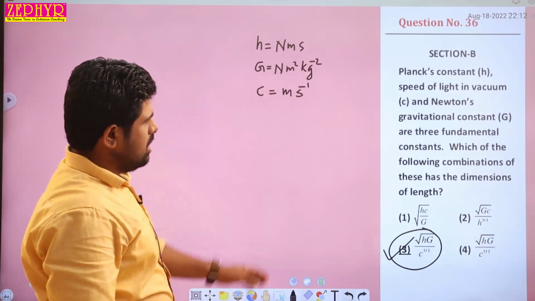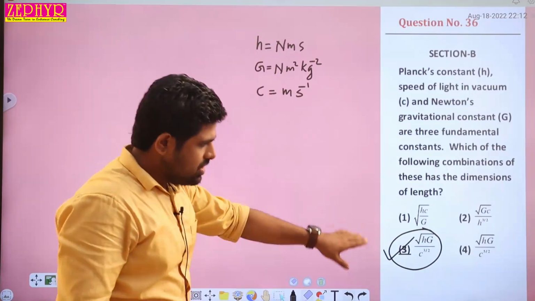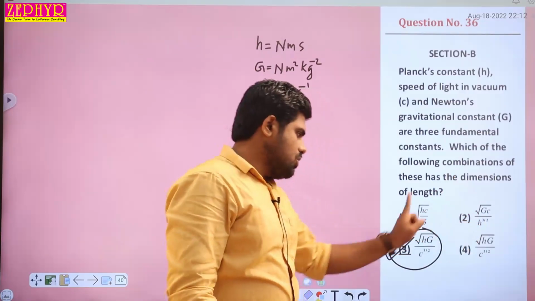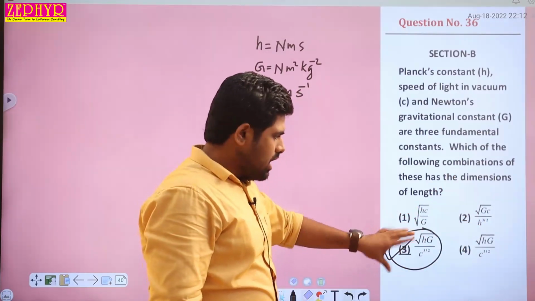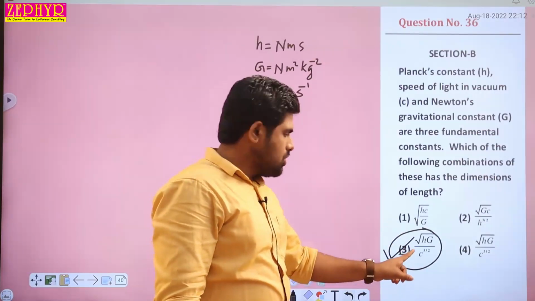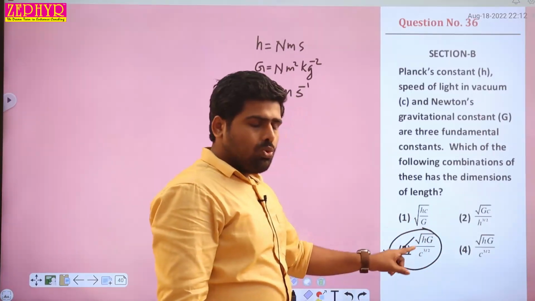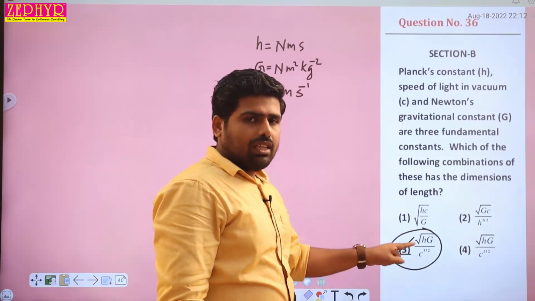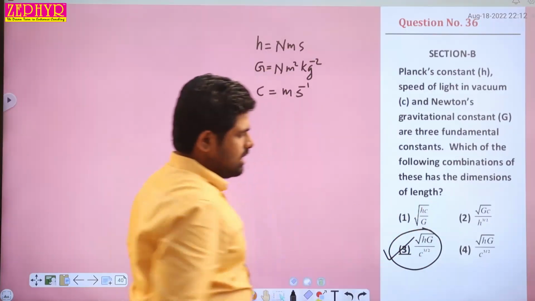So you just substitute the units of h, G and c in equations 1, 2, 3 and 4, rearrange the units and find the final unit of the equation. In the third equation the final unit is equivalent to meter. That means meter is the unit of length. Therefore the third equation is the right one.